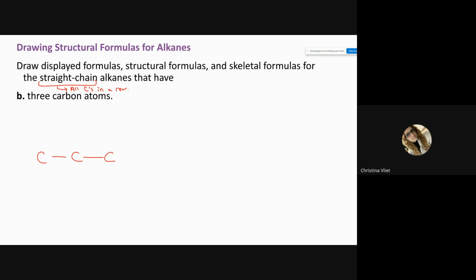If carbon is not connected to carbon, carbon is connected to what? Hydrogen. So every other one of the 4 bonds has to be connected to hydrogen. So how many hydrogens would I write on this carbon on the left-hand side? 3. 1, 2, 3. You basically fill the molecule with hydrogens until you get to 4.